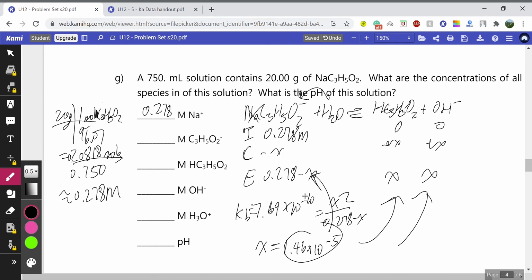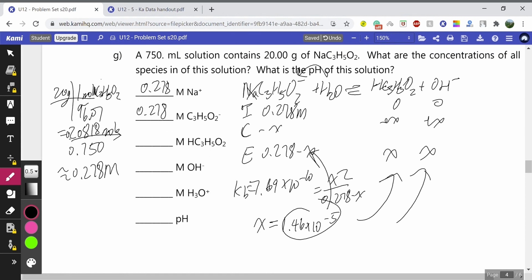So if we do 0.278 minus 1.46 e to the negative 5th, it's going to give 0.2779, which is 0.278. Now for OH, it's going to be our x value, 1.46 times 10 to the negative 5th molar.